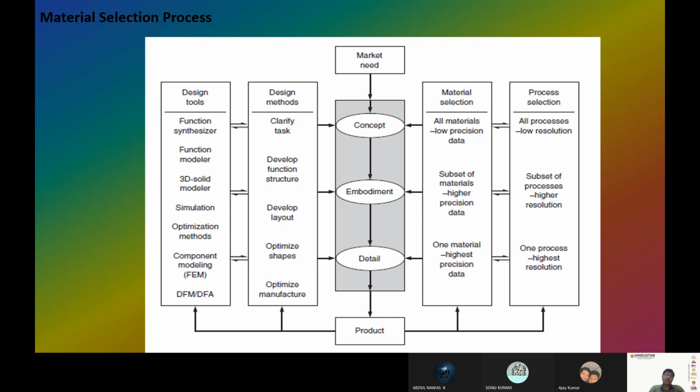As of 2021, this is the available material and this is the optimized, effective solution. But in 2030, there will be other, different materials. They may give you effective solutions.